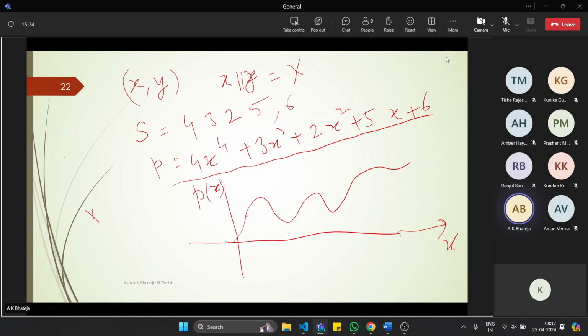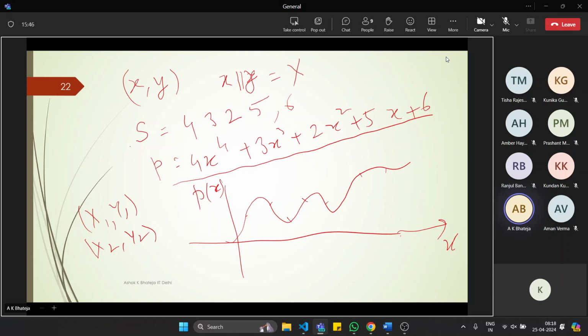So in this way, you may have x1, y1 as the corresponding value on the polynomial, x2, y2 as the corresponding value on the polynomial, that is y2 for x2. So in this way, there may be several such points. It is not necessary that only 5 points will be there. There may be many such points lying on this one.